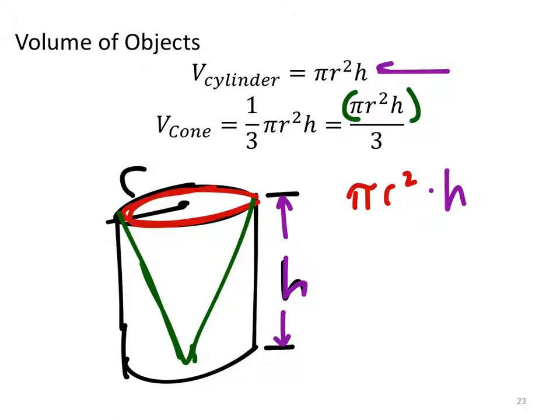No one's going to do it, but whatever. This is just a good demonstration on why it's a third of the cylinder. I like to show this because if you can just realize that if you can figure out the area of a circle, then you can find the volume of a cylinder from there, and then from there you can find the volume of a cone, which I think is pretty nifty.